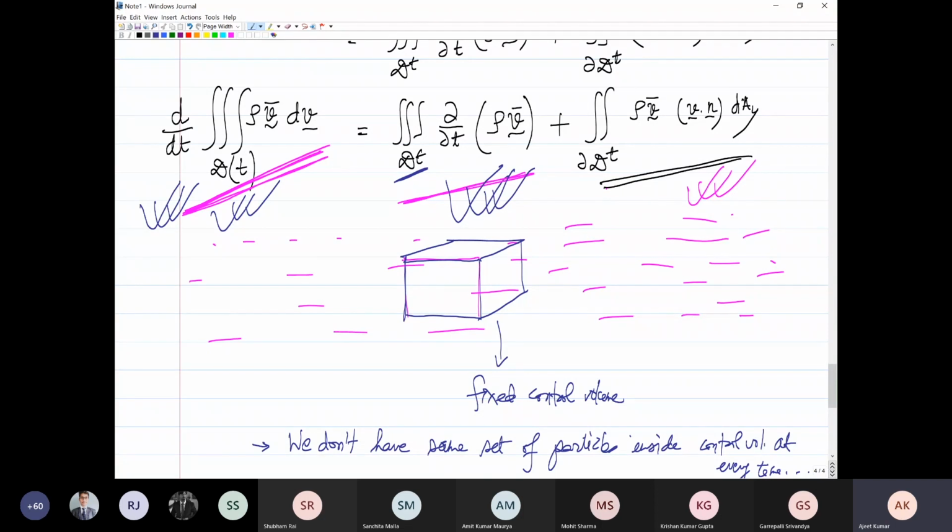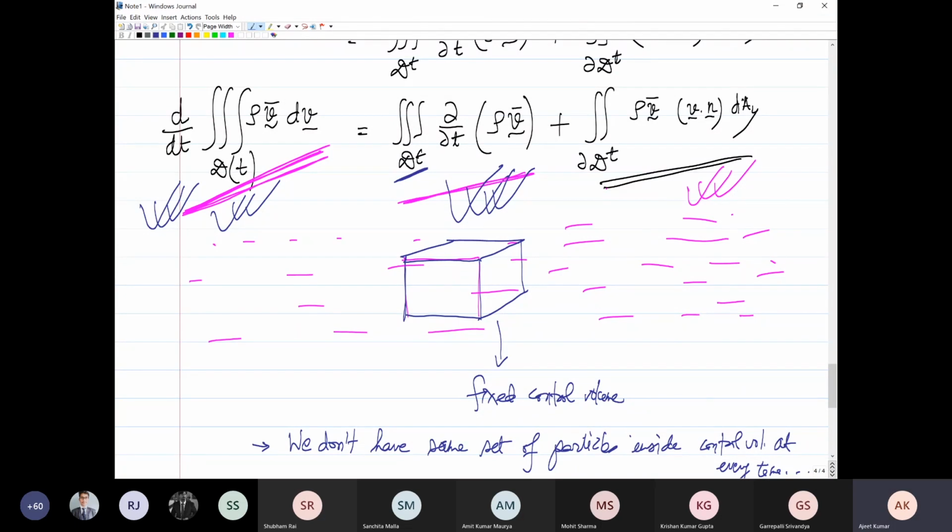You can't just calculate the rate of change of linear momentum of the control volume. So the first term is simply the rate of change of linear momentum of the control volume. And the second term is the momentum flux through the control volume. And the two terms together give you the rate of change of linear momentum of the system.